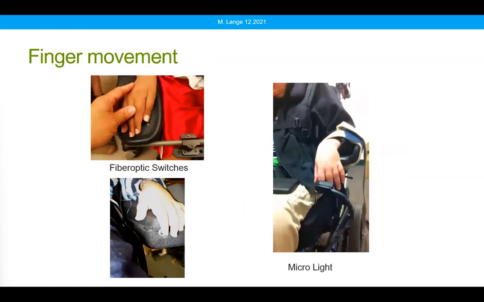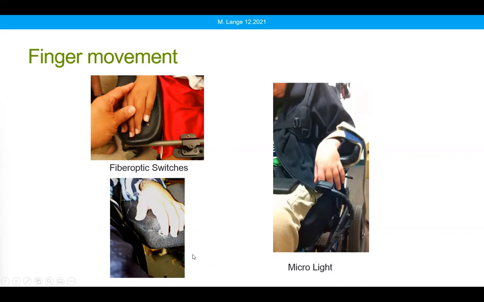I can also capture very small movements by mounting a switch very, very close to a finger or thumb. You can see in the upper left here, we saw this picture before, we have a fiber optic switch that's mounted through a hand pad that's capturing very small thumb movement.